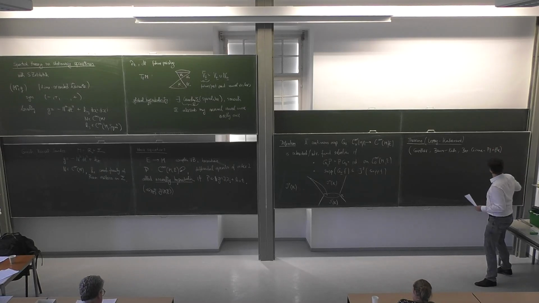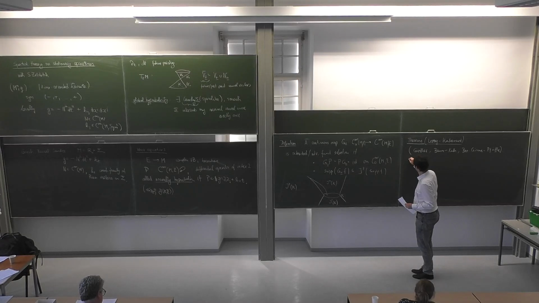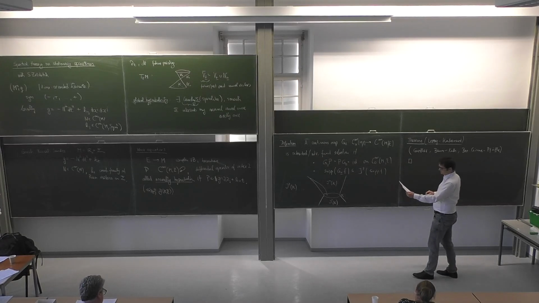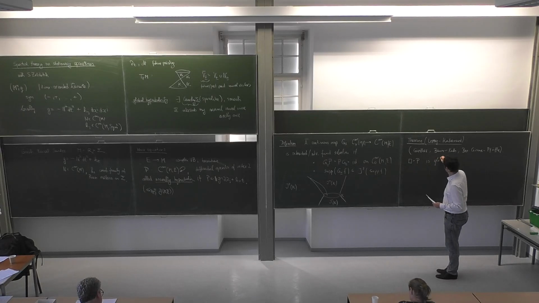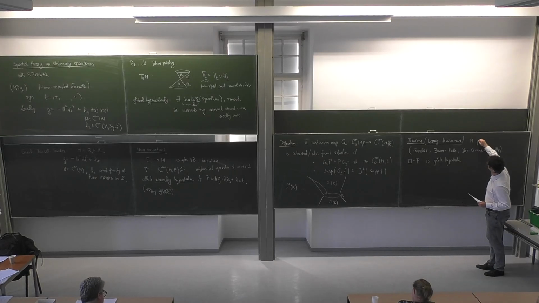What I'm going to just summarize very briefly here. So what are the assumptions of the theorem? For some reason I changed the notation here. It's globally hyperbolic. Of course I'm assuming here that M is a globally hyperbolic spacetime.